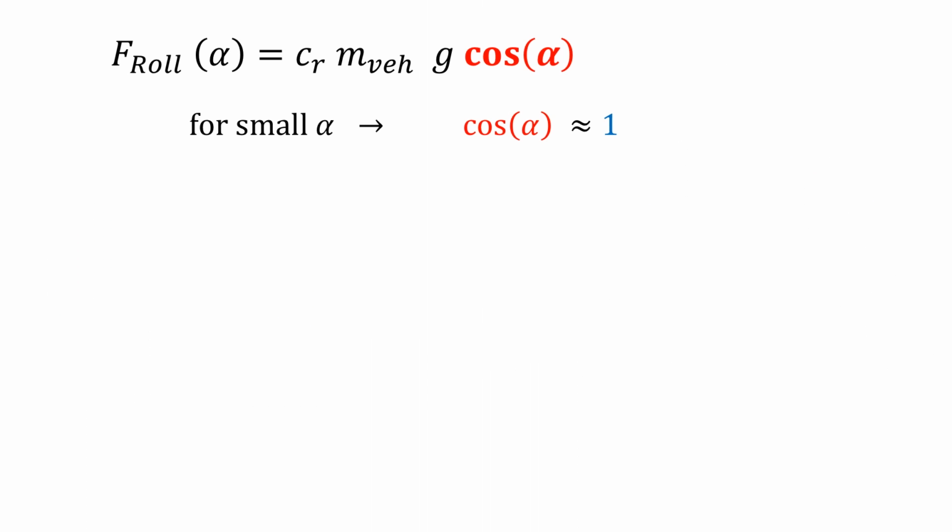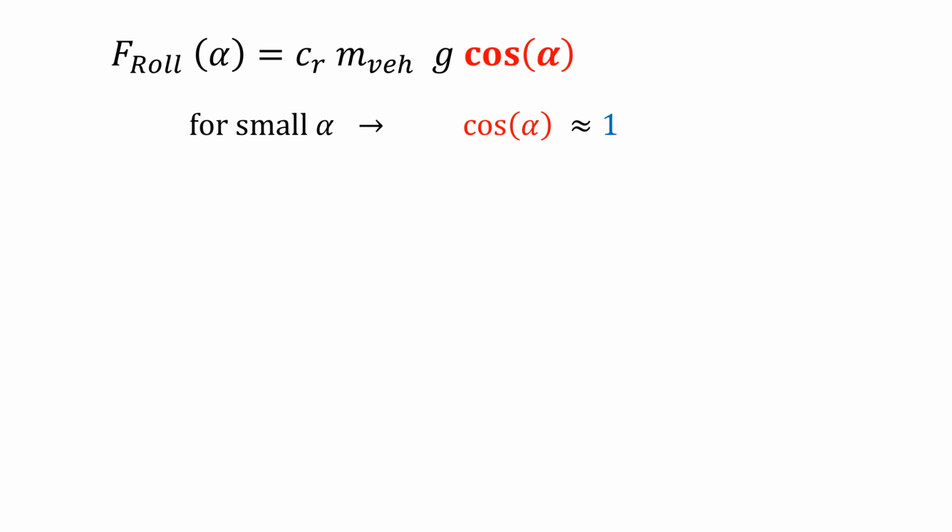We just introduced an approximation for the gradient force and will now introduce a similar approximation for rolling resistance. Rolling resistance depends on the road gradient only because the normal force between the vehicle and the road is proportional to cosine alpha.